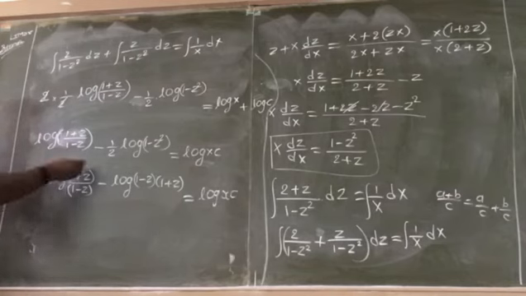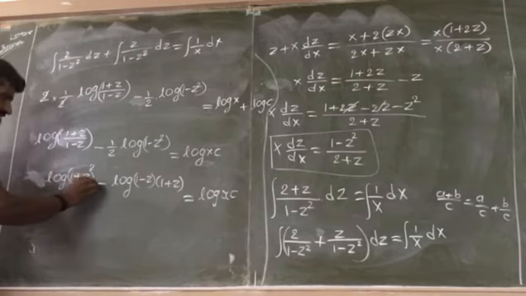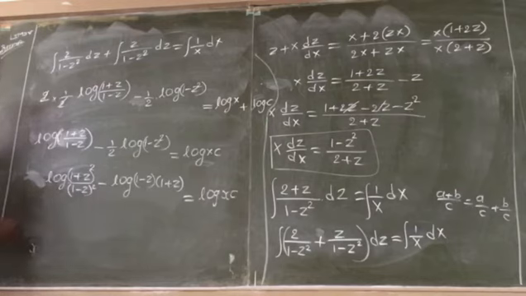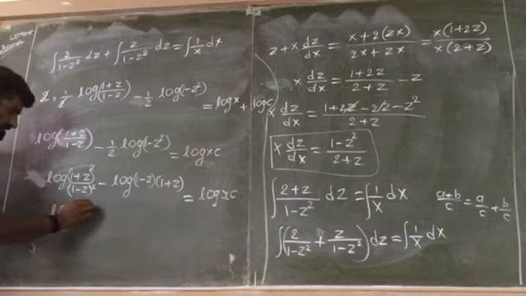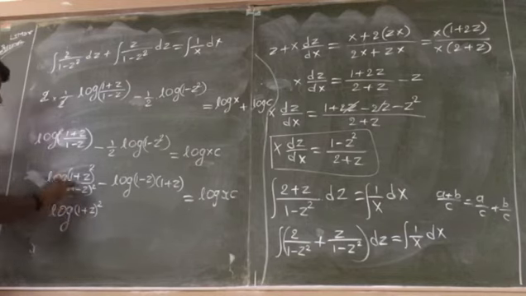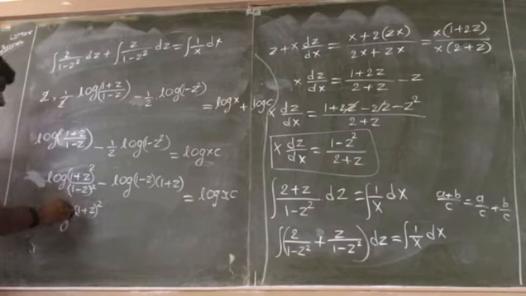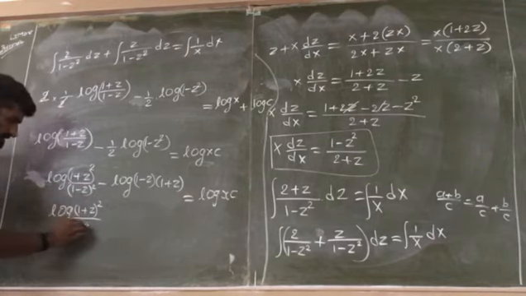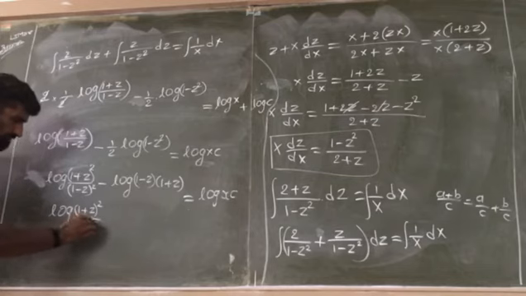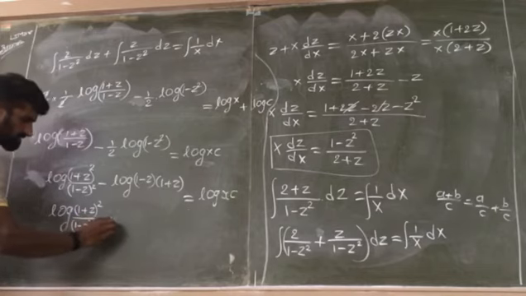Using log m by n, 2 goes inside as a square: log of 1 plus z whole square, m divided by n, 1 minus z whole square into 1 plus z.